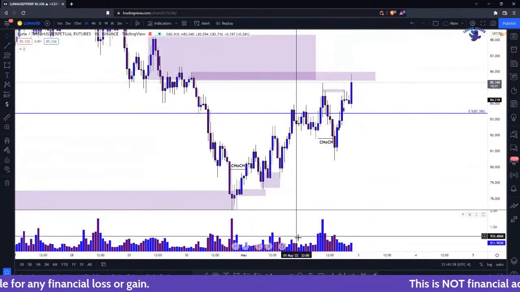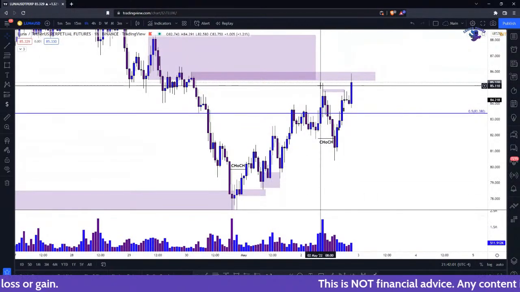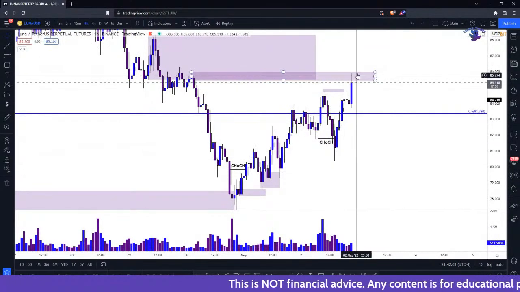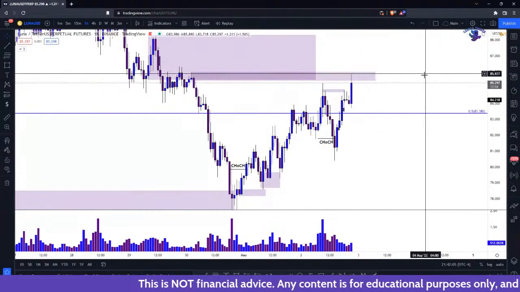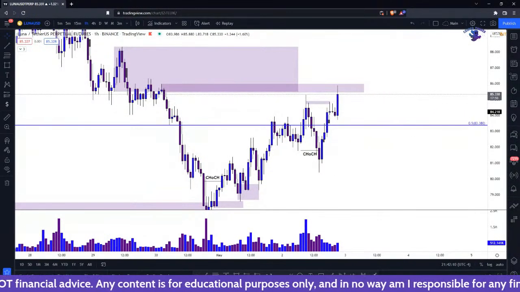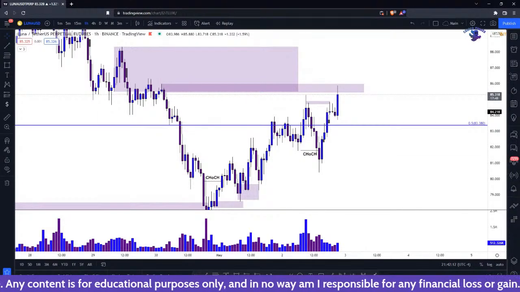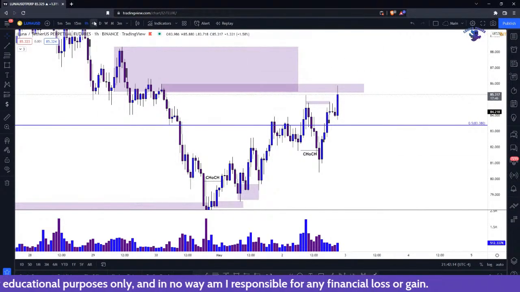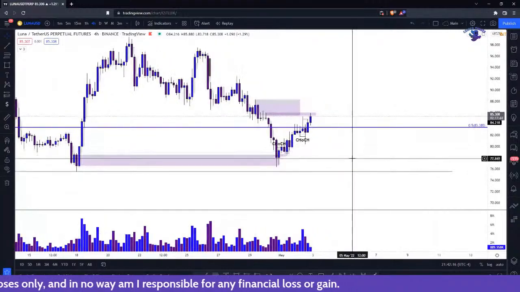And you get this huge increase of volume, and now you're starting to get a decrease as we pull into the supply. So I could see a pullback. But really, like you were saying, it's just on the 4 hour.